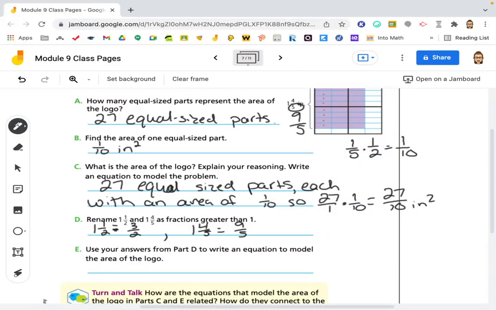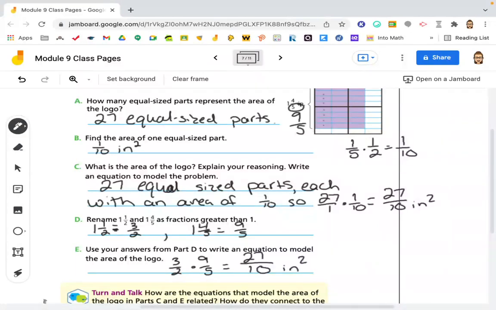So this says use your answers from part D to write an equation to model the area of the logo. So we have 3 halves times 9/5 equals, well, 3 times 9 is 27. 2 times 5 is 10. So we get the same answer.